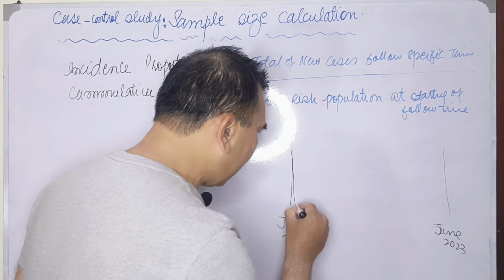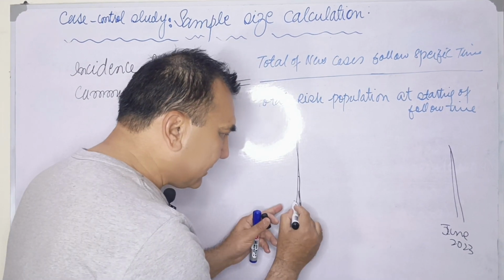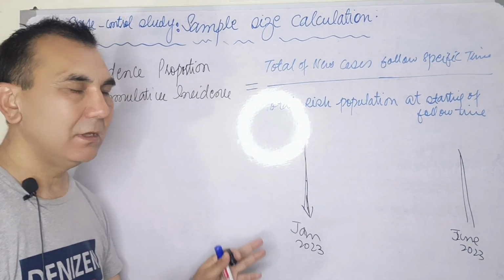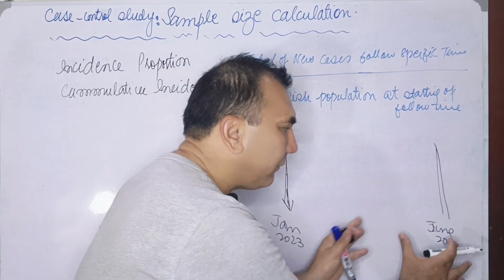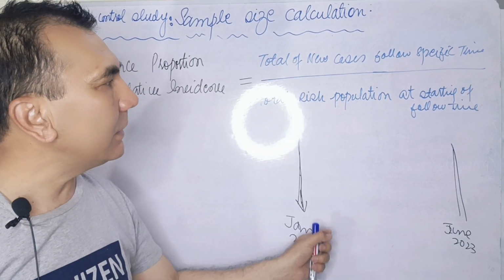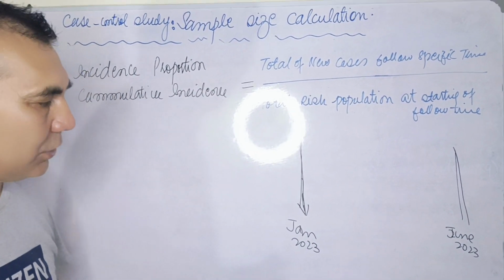So this is the starting point and this is the end point. At the starting point, the number of people at risk, whom you have to follow for this 6-month period, will come in the denominator.